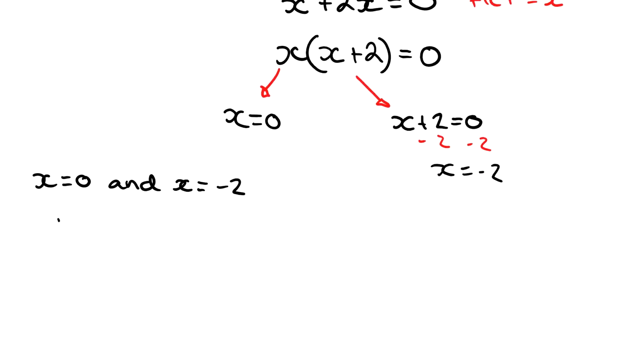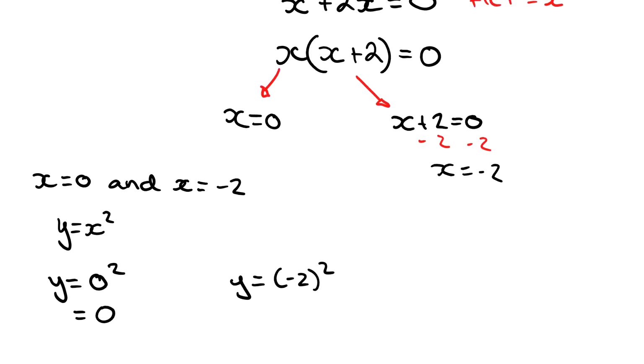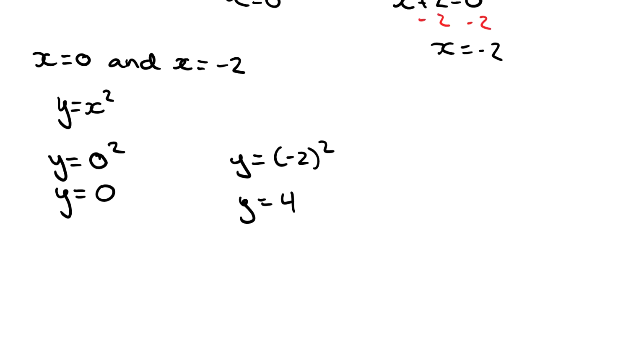So down here, I'm going to use y equals x squared, and all I'm going to do is substitute in these two values. For my first value, I get y equals 0 squared, and over here I get y equals negative 2 squared. So I end up with y equals 0 here, and y equals 4 over here.